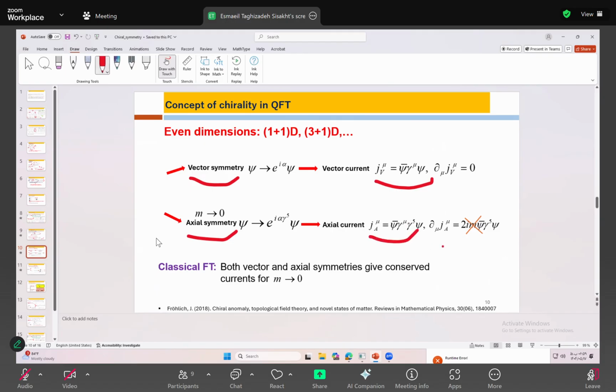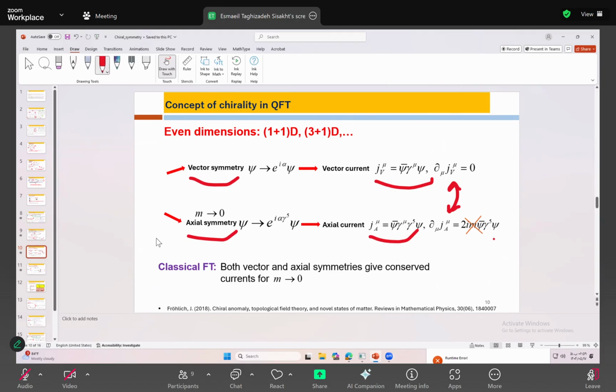And it is shown that in the massless Dirac limit, the continuity equation holds for both of them, for this one and for this one. In the classical field theory, it's okay, no problem.